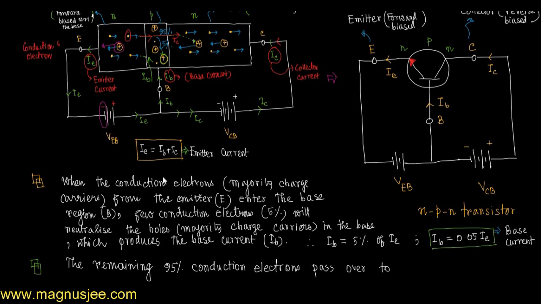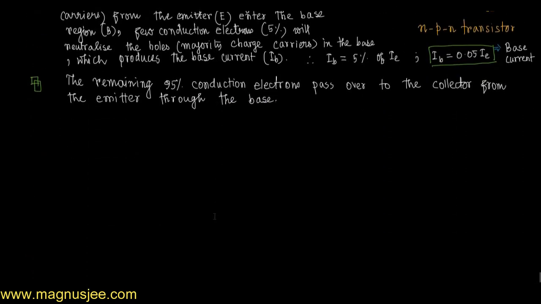So we can say that the remaining 95% of conduction electrons pass over to the collector, producing the collector current IC, which flows into the N-type collector.